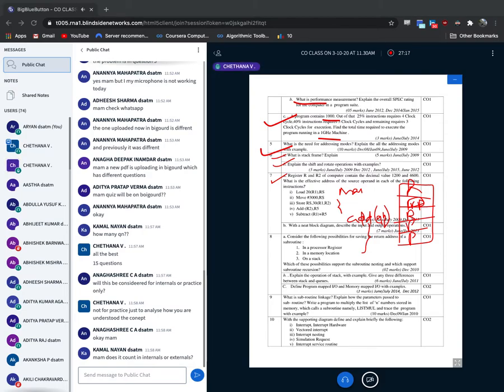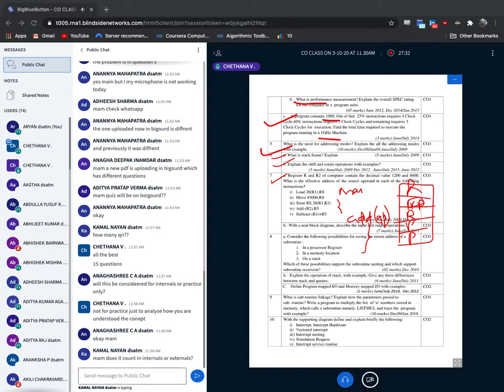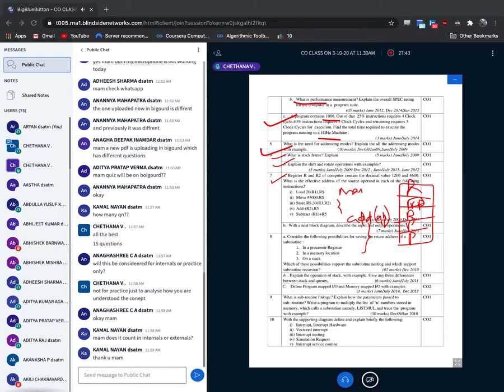Kamal, I'm not adding these marks to your internals. You analyze yourself, that's all. If you get less marks, fine, nothing to worry about. But don't think, okay, ma'am is not counting it for internals, I'll just neglect it.